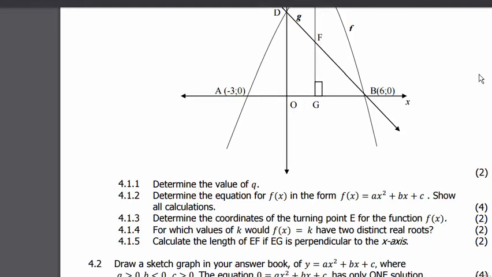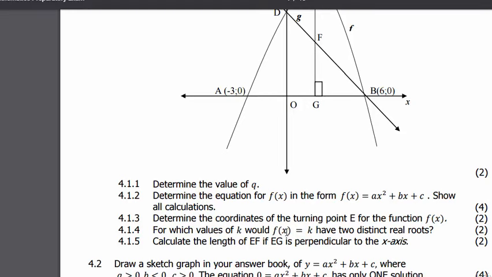But by far the easiest way of looking at this is saying, well, f(x) equal to k, k is just a horizontal line, a constant value, a horizontal line. So where will f(x) equal to k have two distinct roots? Means where will f(x), that's my f(x), and k is now just a straight line.